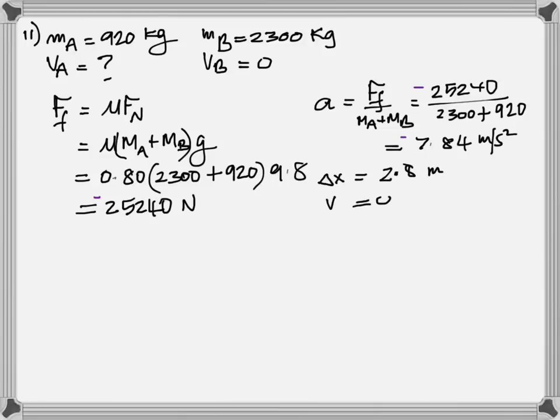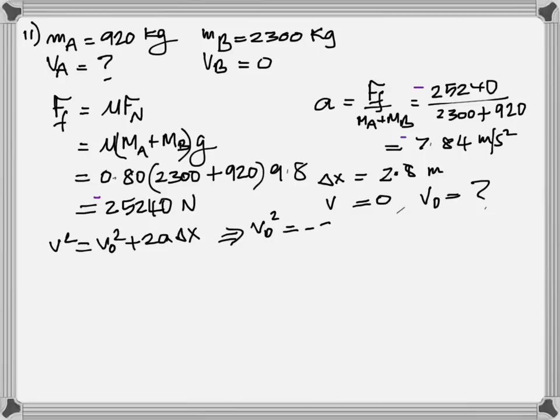Final velocity is 0, and so we can find the initial velocity with which both start moving after the collision. And this can be done using this formula. Plug the numbers into it to get V0 squared is negative 2 times a, which is 7.84 times 2.8.